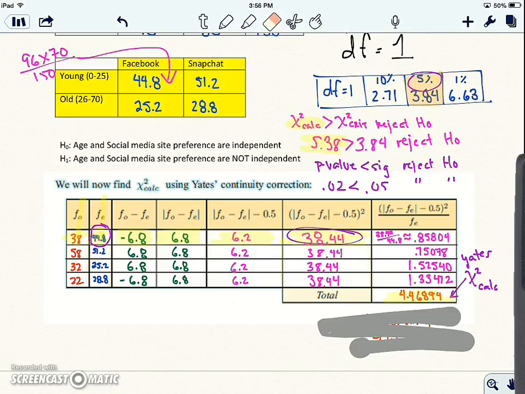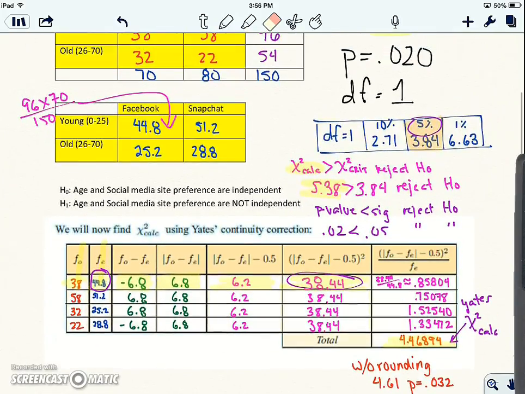Okay, and I actually was able to put this in a calculator, you won't, and I got a p-value of 0.032, which makes sense that our p-value went up as our chi-squared went down. Okay, because what it's saying is the chance of having a difference this small or greater with there nothing being wrong is 0.032, where here the chance is 0.020.